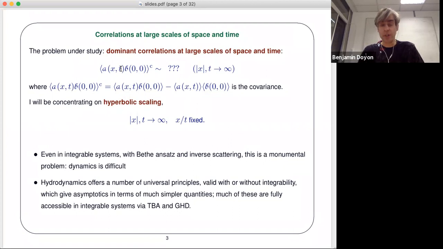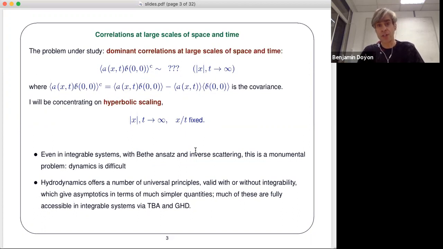This is a very difficult problem in general. There are all kinds of techniques based on Bethe ansatz, inverse scattering, form factors that one can hope to use, but it's rather difficult to get, in particular, what happens with these correlation functions at very large scale, so very large distances and very large time.